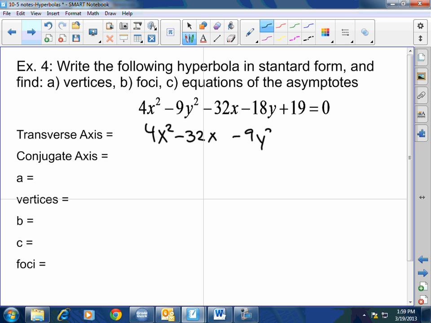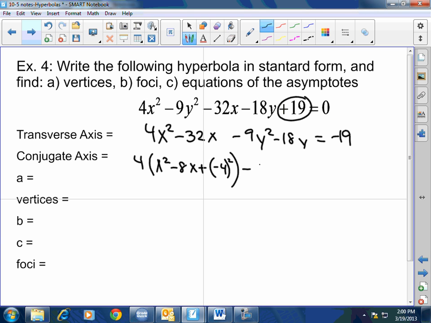The y's together, minus 9y squared minus 18y, and get that constant over to the other side. Is everyone with me so far? From the x's, I'm going to factor out a 4, giving me x squared minus 8x. I'm going to complete the square, which is b over 2 squared, which is negative 4 squared. I'm going to factor out a negative 9, which gives me y squared plus 2y plus, I'm going to complete the square, b over 2 squared, so that's 1 squared, equals negative 19.